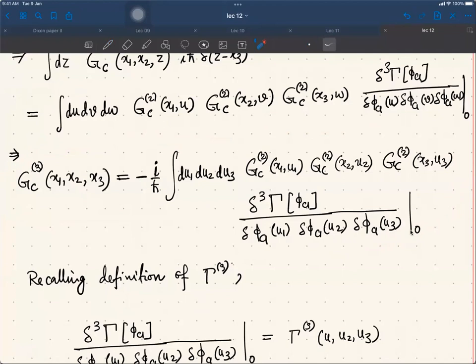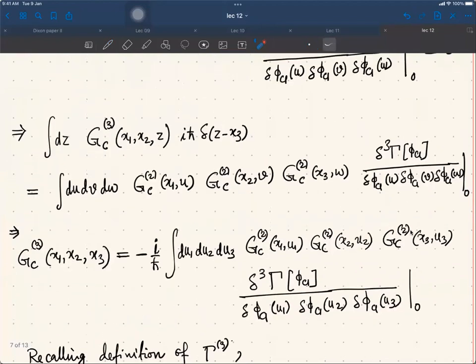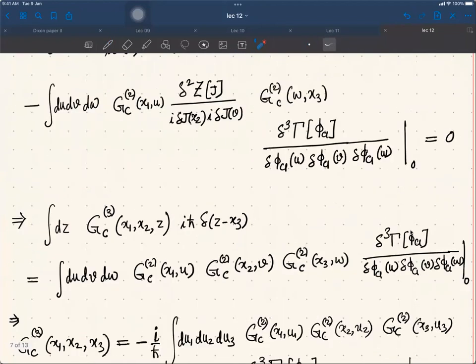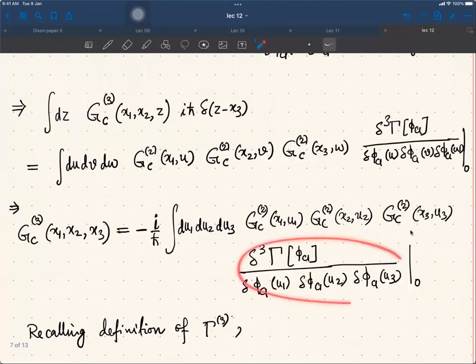If we had not set j equal to 0, phi equal to 0, this will be third derivative of z, right? And we will not have this restriction, this condition. So each propagator will be lifted to second derivative of z. That is the form that I'm referring to. Okay.